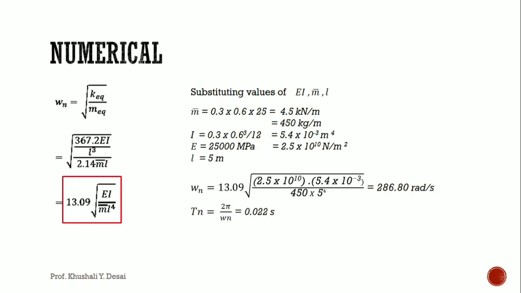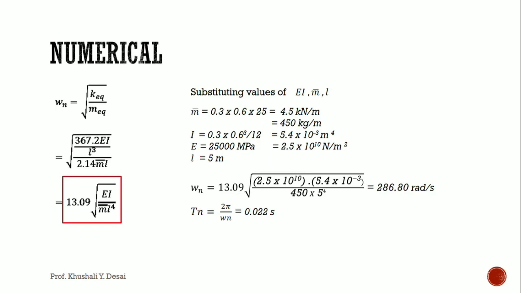Here, the values of EI, m bar and L can be calculated like this. M bar is nothing but the cross section into density, which comes out to be 4.5 kN per meter, which is equal to 450 kg per meter.